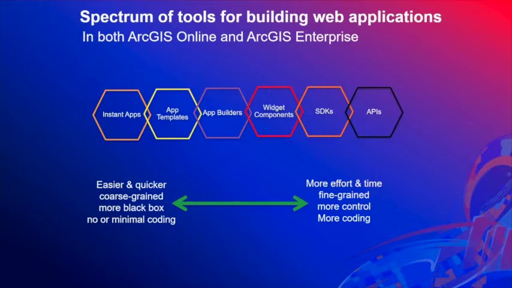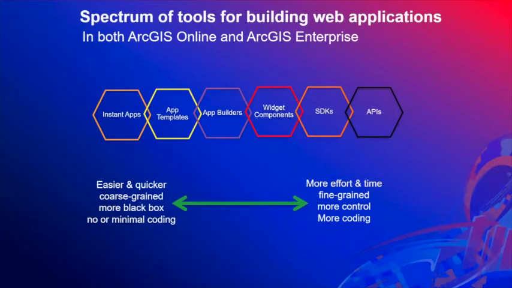So after the geoprocessing service, you might want to do something else, like for instance, writing a custom widget, taking it to the next step. You can do even more customization if you want something very specific. This requires a little more effort and time, more fine-grained control and coding.